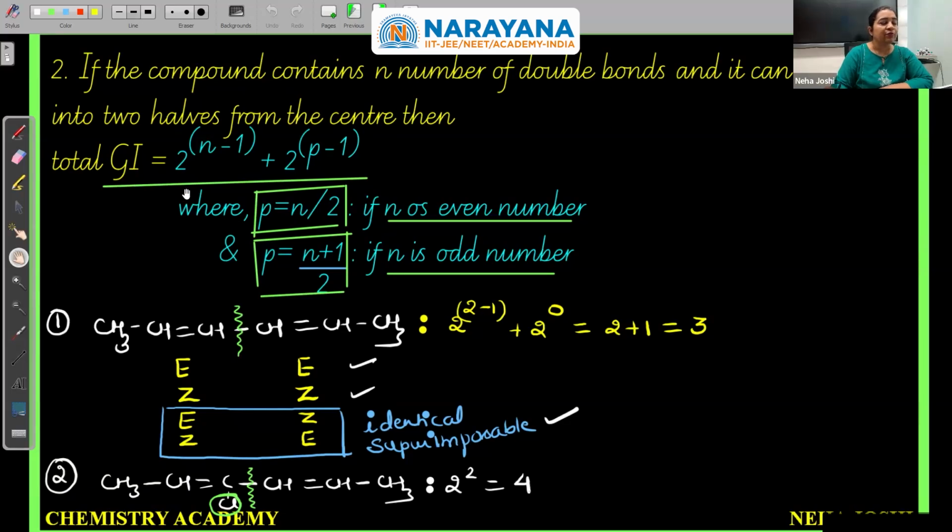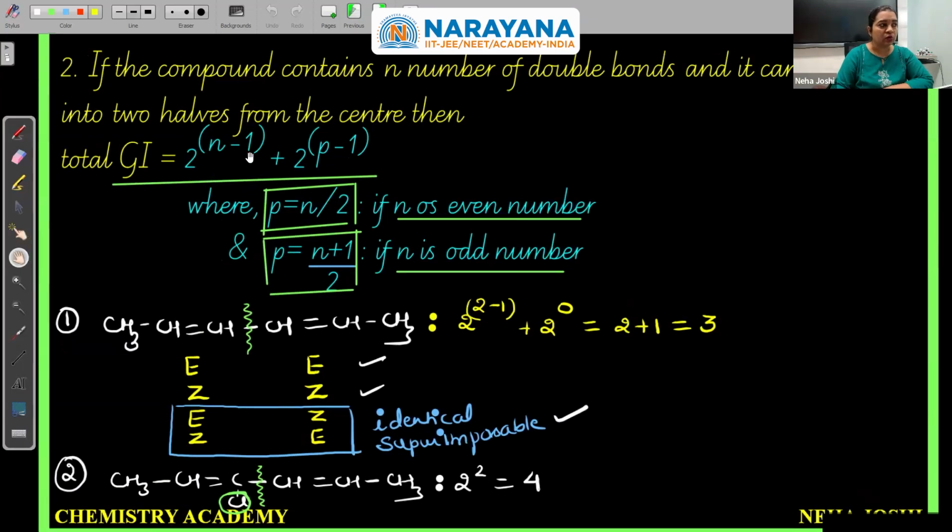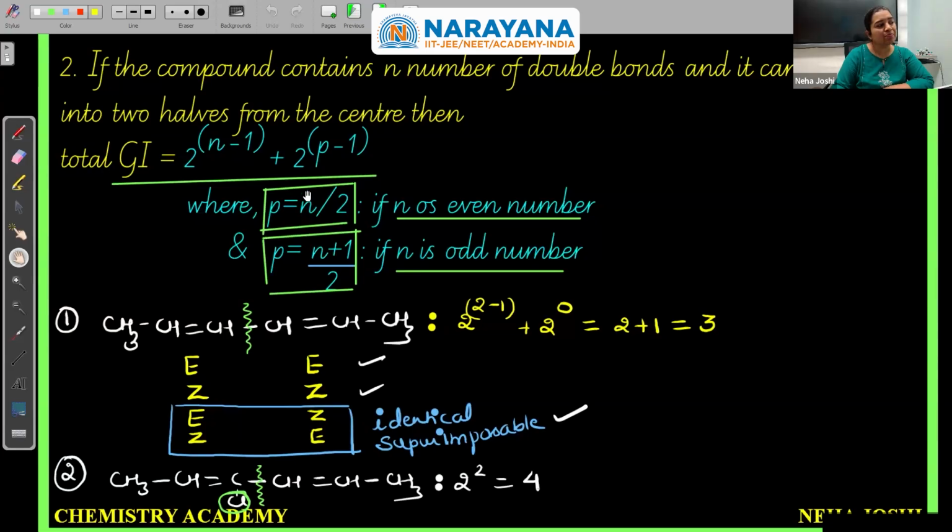Then there is a different geometrical isomer count formula: 2 raised to power n minus 1 plus 2 raised to power p minus 1. Now this p also varies depending on whether the value of n is even or odd. If it is even, then you use p as directly n by 2. If it is odd, then n plus 1 by 2 is what we use as the value of p.